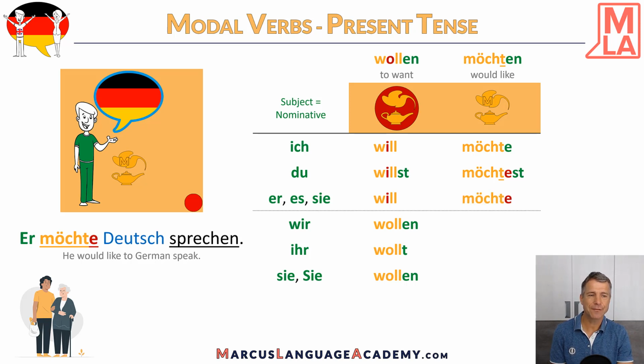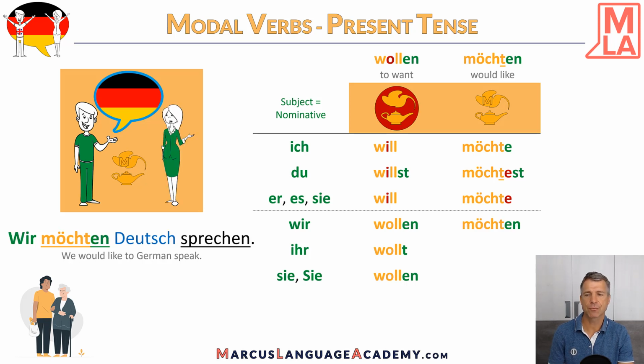Er möchte Deutsch sprechen. We still have the E like in the first person. It's a little bit irregular, just remember möchte. And in the plural it gets regular again. Wir möchten Deutsch sprechen. Ihr möchtet, still the E to separate the T's, and sie möchten. So this conjugation is a little bit special, but a really important verb for everyday use.